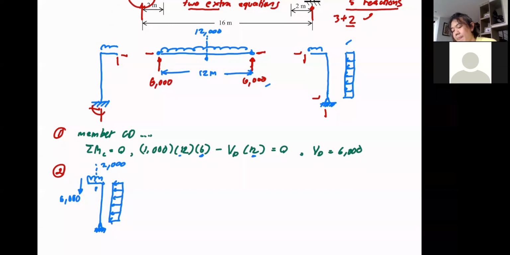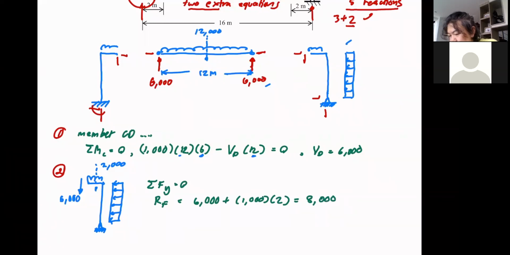Okay, so now I am using sigma Fy equal to 0. So now you know that RF is equal to 6,000 plus 1,000 multiplied by 2, so that's 8,000.